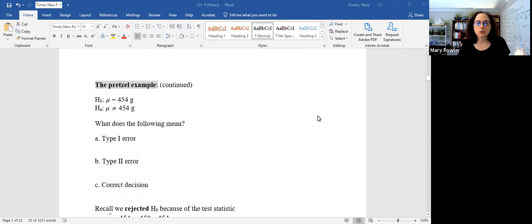So we kind of just went over this a little bit. A type 1 error for the pretzel example is that we rejected the null hypothesis and calibrated when in fact the machine was already calibrated.